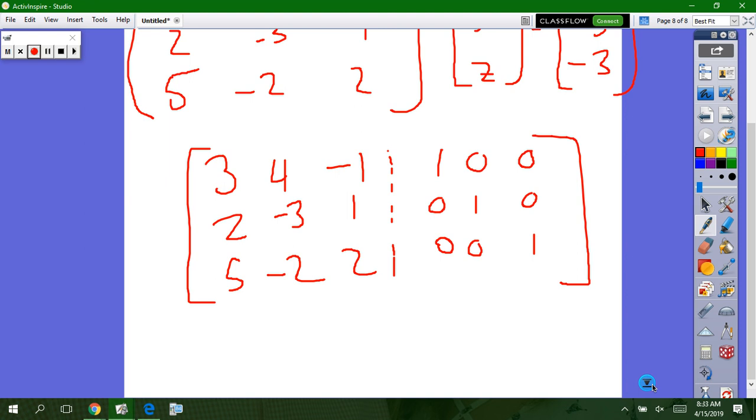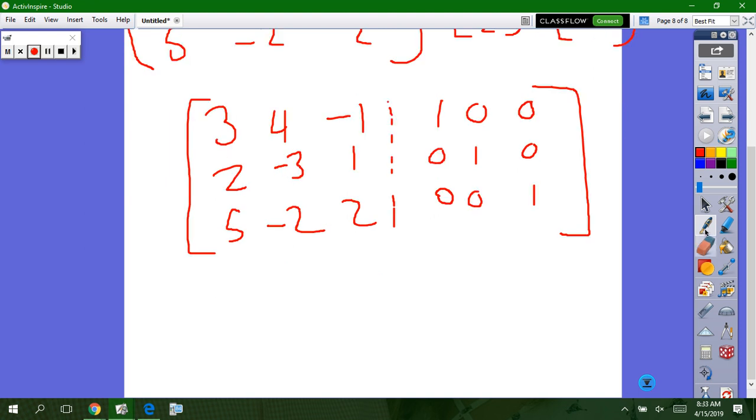Does that make sense? So as we look at this, are any of them a nice 1 at the beginning? So we're going to have to divide by 3, aren't we? But is there any other row that's going to be a little bit nicer if we divide by 3 or 2 or 5? None of them are really prettier than another, are they? So should we just go with the first one?